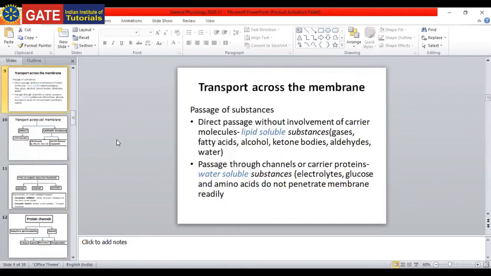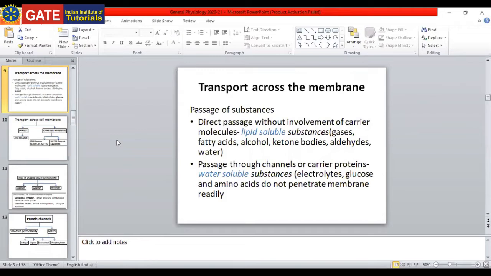So now, what are all the substances which cross the cell membrane? Basically, not all substances will be easily transported across the membrane. Lipid-soluble substances are easily transported, whereas water-soluble substances sometimes require carrier proteins.